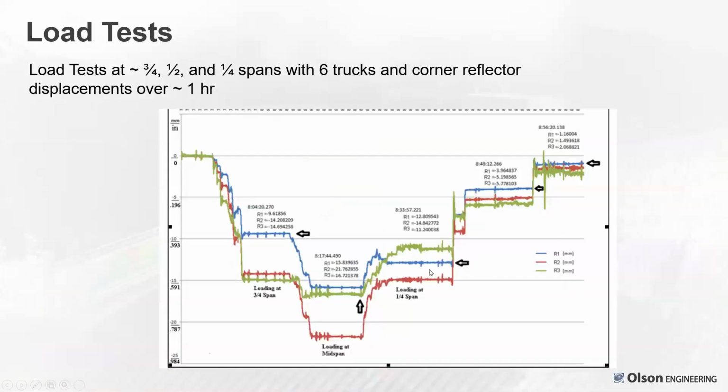So the results of the IBIS system done over this 1-hour loading period, and we actually checked many times with different loads during the load testing, but the real focus was on this, where you can see the receiver 1 is at the quarter span, receiver 2 is at mid span, and receiver 3 is at the 3/4 span, or the north end.